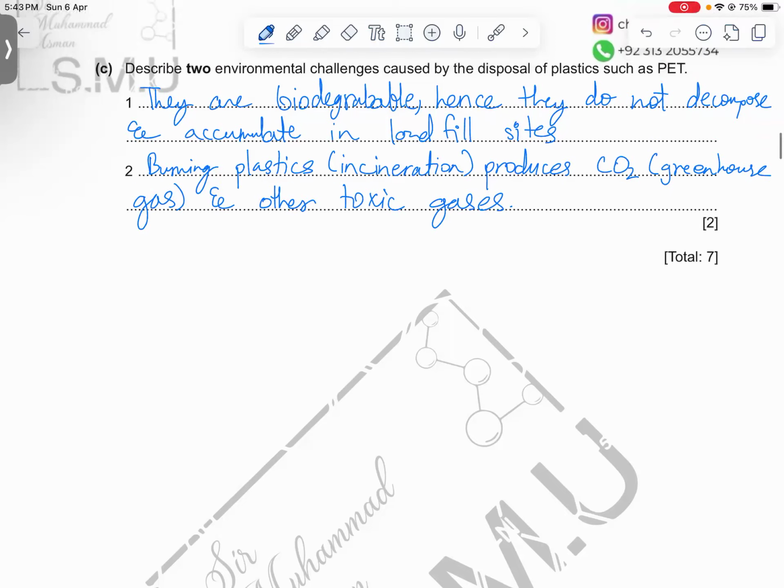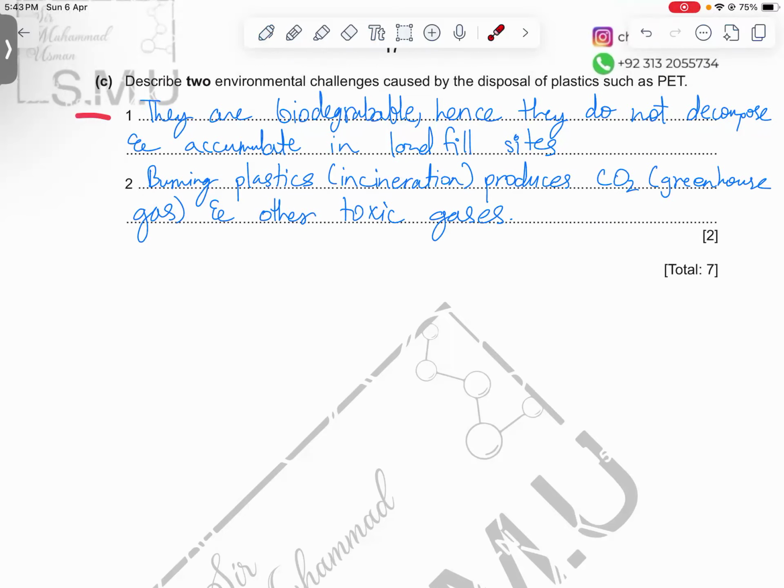Full stop. So these are two main problems associated with disposal of plastics. They have become a frequently repeated question nowadays since 2023. All right. So from 2023 onwards, this question keeps repeating and it repeats a lot of times.